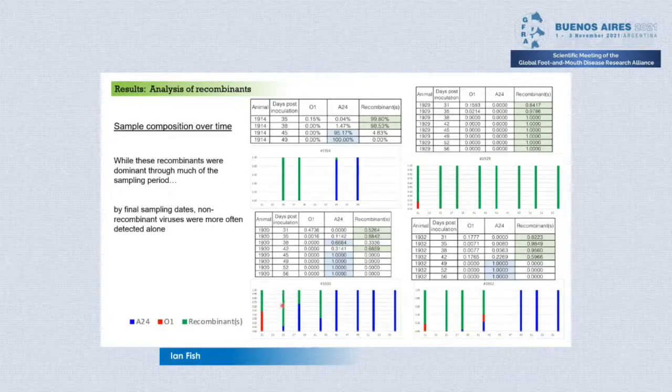And then in the next sampling date, it was mostly recombinant with a little bit of A. And then those switched places, and then they switched places again, and then the A ended up winning out. It looked like in most of the cases, the A's usually ended up being the only virus detected by the final sampling dates in the animals.